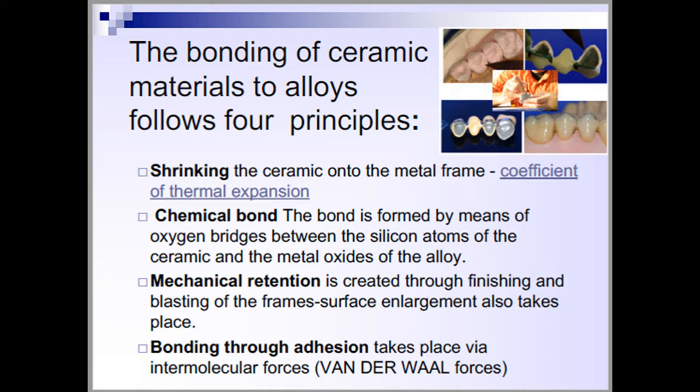These are the four different ways by which veneer ceramics get bonded to the underlying substructures. The first one is ionic bonding, which is the strongest of the bonds. I think we all know what ionic bonding, covalent bonding and van der Waals forces are.